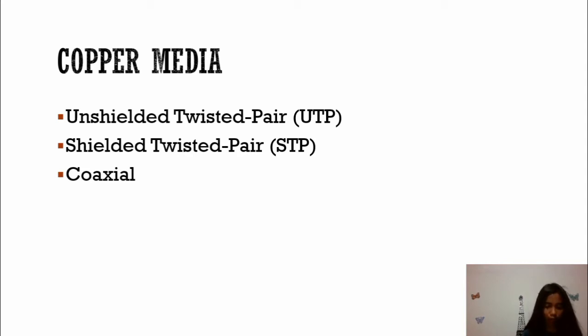It consists of a copper conductor used to transmit electronic signals, a layer of flexible plastic insulation surrounding the copper conductor, and the insulating material is surrounded by woven copper braid or metallic foil that acts as the second wire in the circuit and as shielding for the inner conductor, and the entire cable is covered with a jacket to prevent minor physical damage.